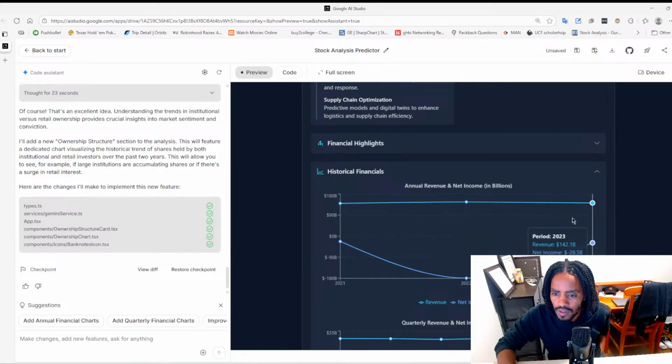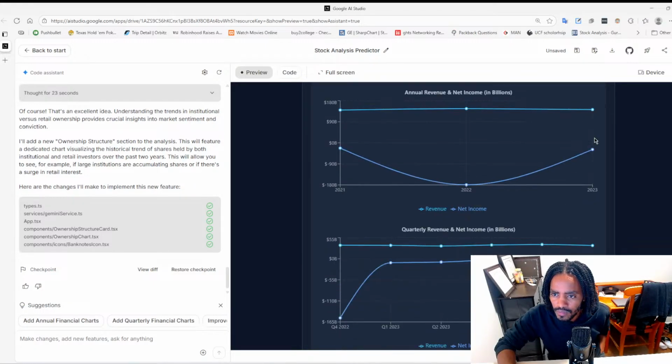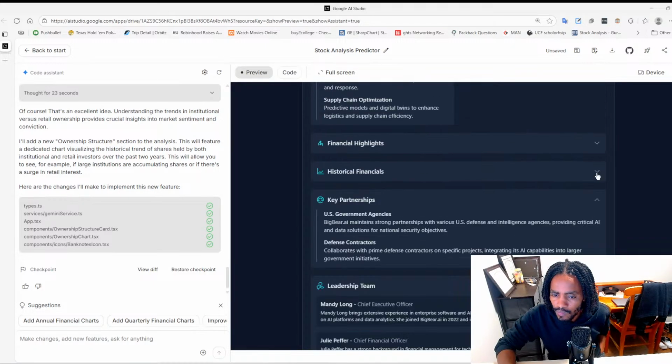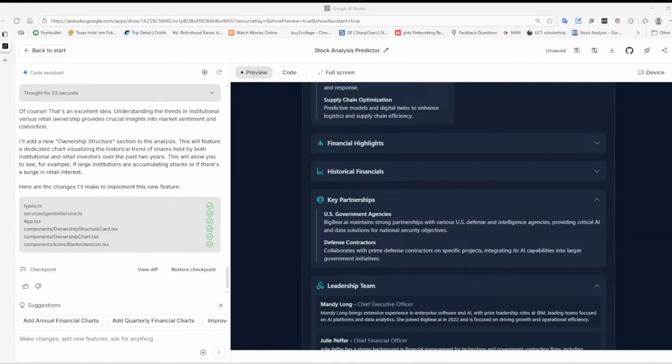This is pretty cool to see that from 2022 to 2023 they got a significant increase in the revenue and net income. Revenue stayed consistent, I guess. We got key partnerships.